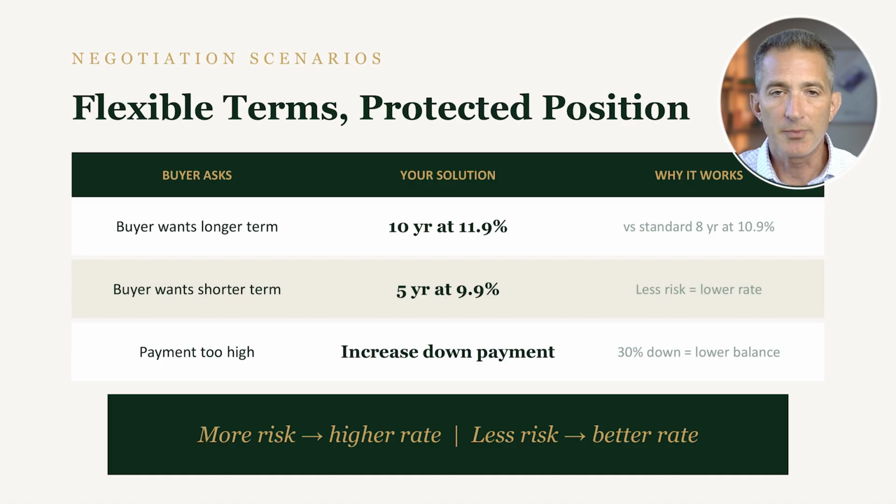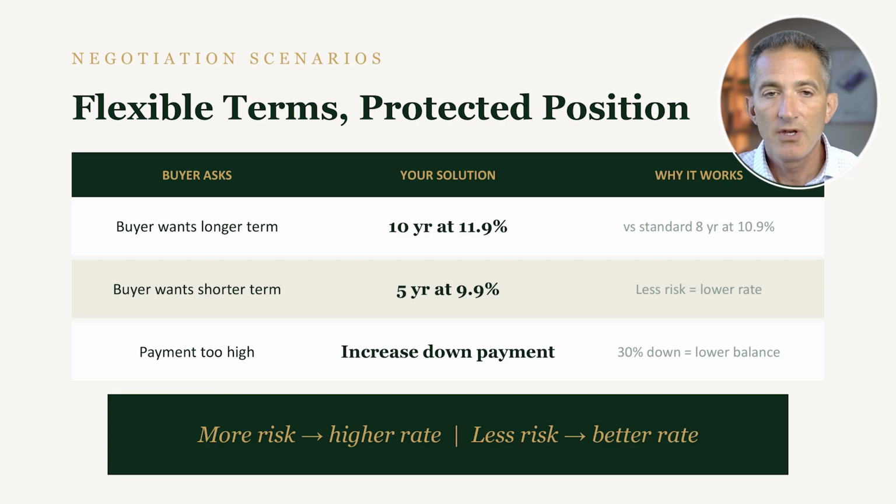Here's an important principle. Don't be too rigid with your terms. Be willing to work with buyers to find win-win solutions. Your recommended terms are a starting point, not set in stone. Your goal is to close deals while protecting yourself. Let me give you some common negotiation scenarios. If a buyer wants a longer term, you can offer it, but increase the interest rate.